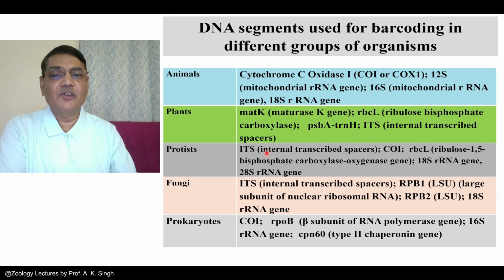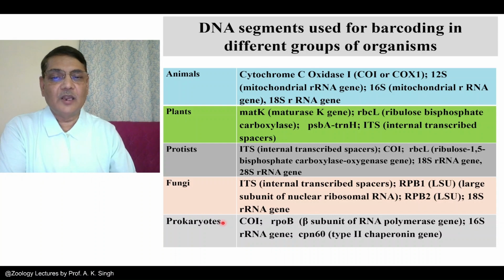In case of protist, internal transcribed spacers. Then again cytochrome oxidase 1, then rbcL. So these are the different, 18S ribosomal RNA, 28S ribosomal RNA genes are used for DNA barcoding. Likewise, in case of fungi, here is the name of those segments of DNA which are of taxonomic purpose.